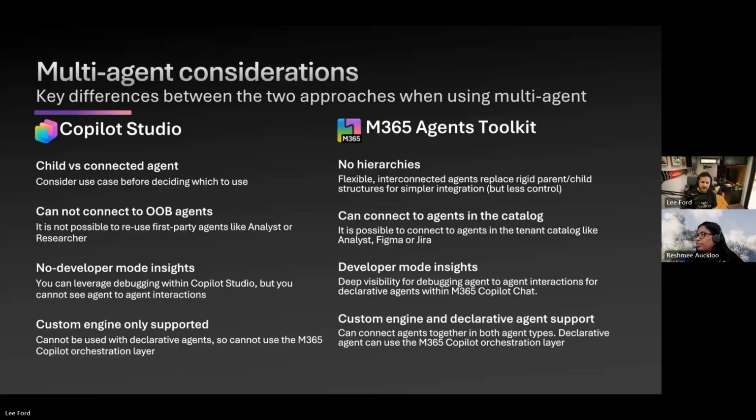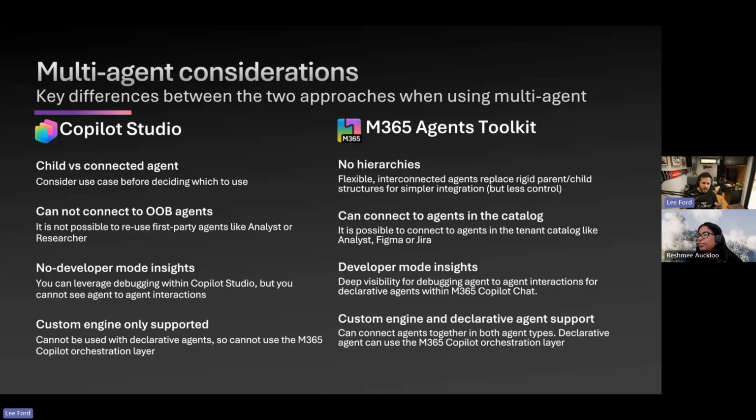Key differences, really. One is that you can connect to agents in the catalog, i.e. other declarative agents, using Agents Toolkit. You can't do that with Copilot Studio. And when it comes to developer insights, they are slightly different. With Agents Toolkit, when you're using a declarative agent, you can enable debugging and see the conversation the agents are having.